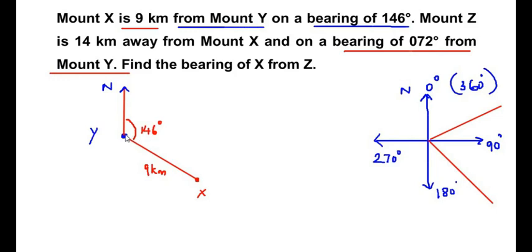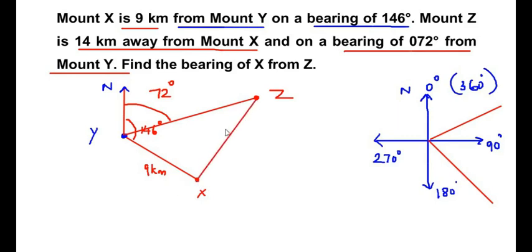So what we are going to do is we are going to just draw an angle over here, which is going to be equal to 72 degrees, and this is going to be mount Z, and it says it is 14 kilometers away from mount X. So if we join this line from X to Z, it's going to be 14 kilometers away.